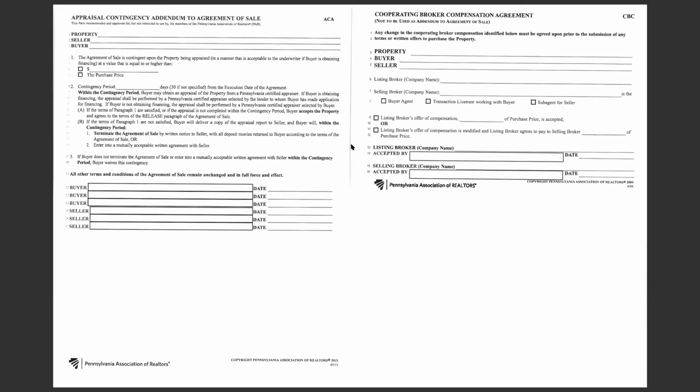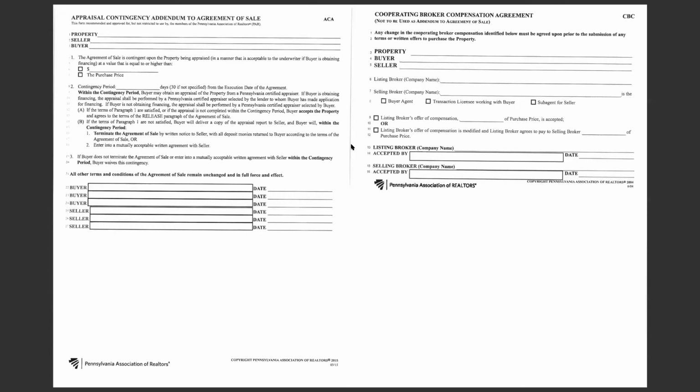Because if you showed this property and the co-op at the time was 3%, and 20 days later you write an offer and it was reduced to 2.5%, you are entitled to the 3% when you showed it. But here's the problem.